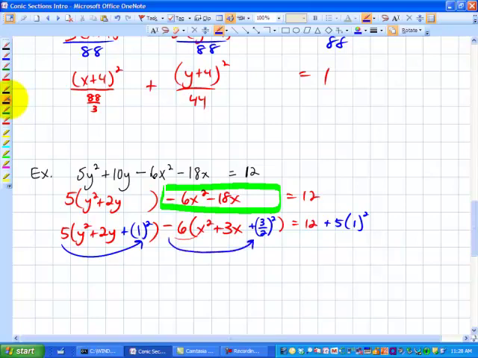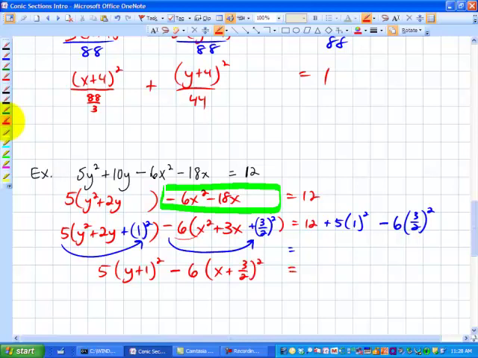Since I'm so lazy, I'm not actually going to figure that out right now. I'm just going to add that same thing over here, except it's a negative 6 times that. So I've got, let's see, here we go, 5, and then that's going to become y plus 1 squared, minus 6 times x plus 3 halves squared.